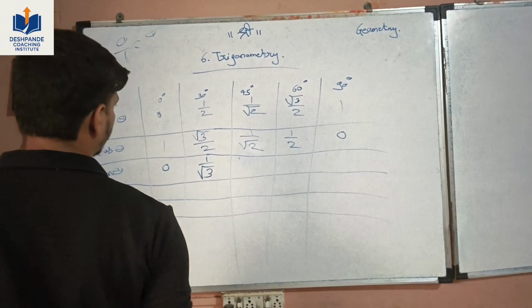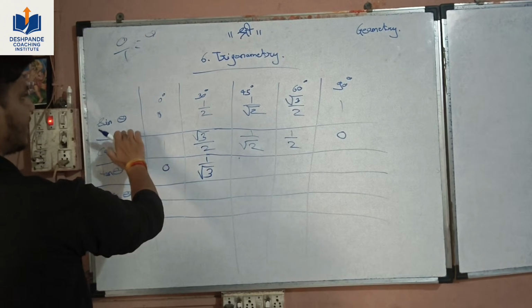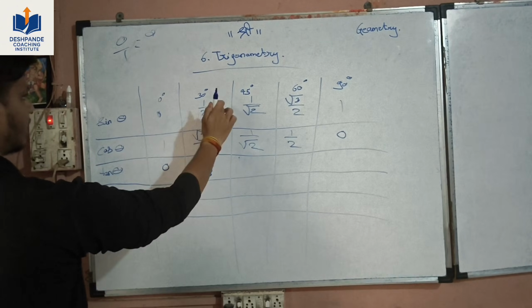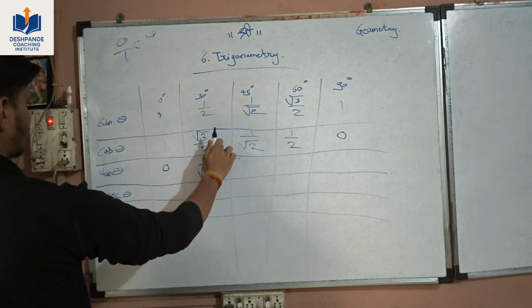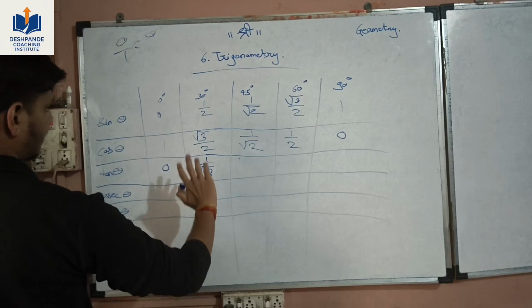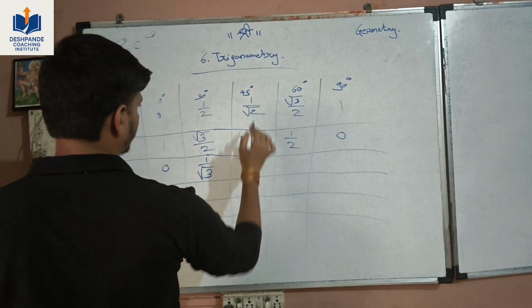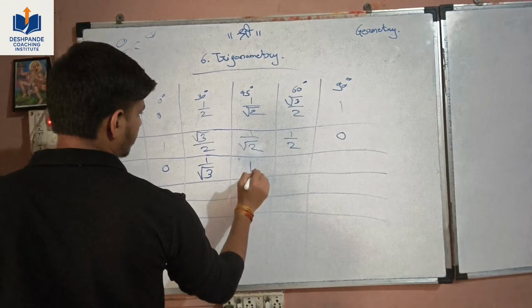We just have to take the numerators. The numerator of sin theta at 30 degree is 1 upon 2. So we just have to take the 1 from the upper side, I mean sin theta, and root 3 from the cos theta. So 1 upon root 3. We just have to take the numerators of every angle. So what will come at 45 degree? 1 upon 1 remains 1.